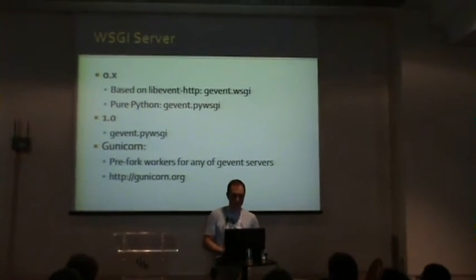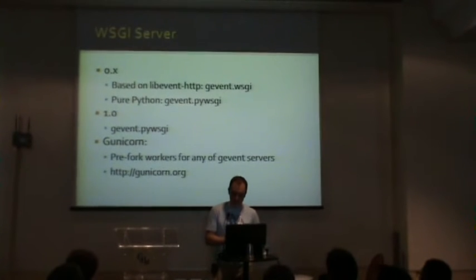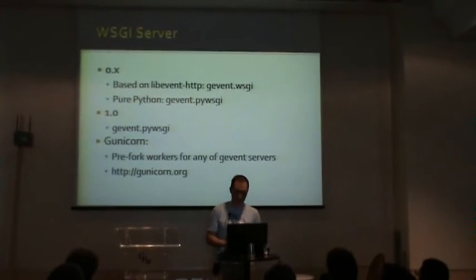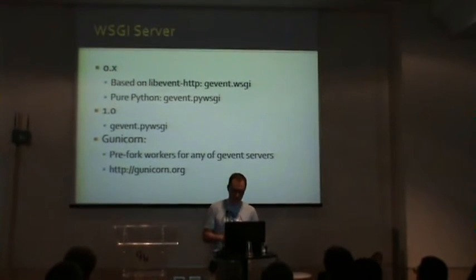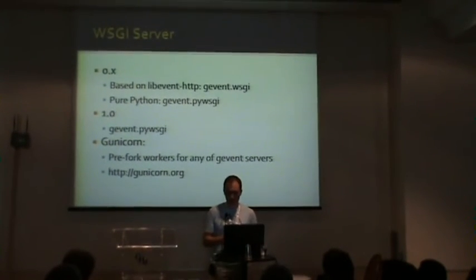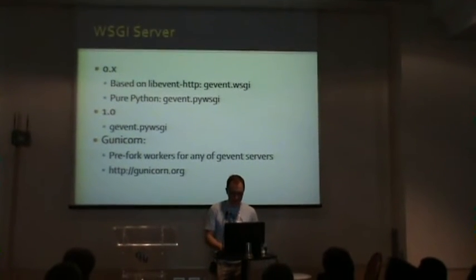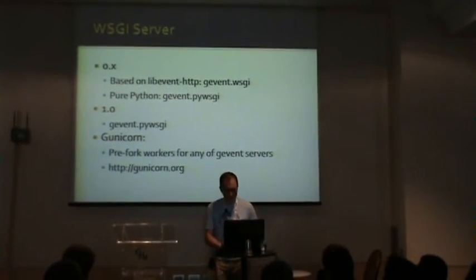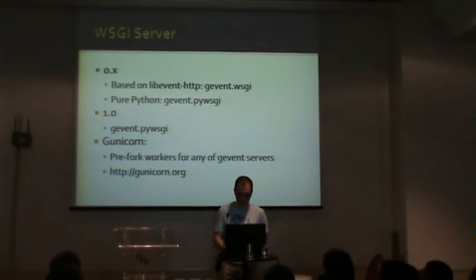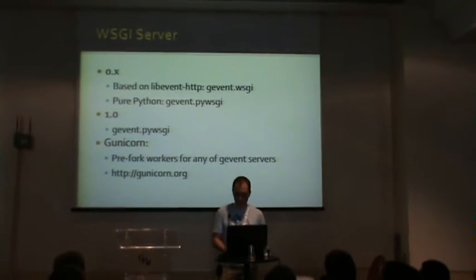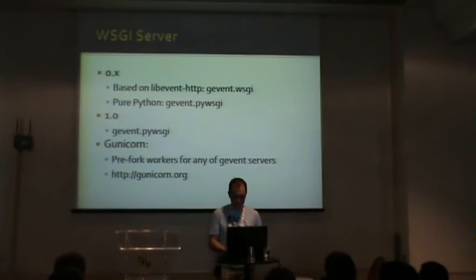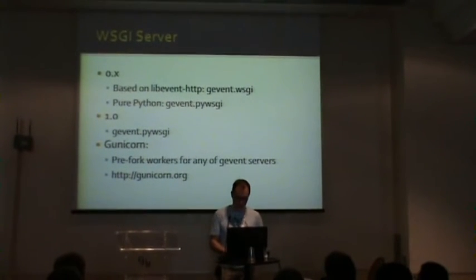We also have WSGI servers. In the 0.x version, there are two of them. One is the fast one based on libevent, and another is in pure Python that has more features. One of the features that's missing from the libevent one is keep-alive. So in the 1.0 version, we kind of lack this fast server because we don't use libevent, and maybe we won't at all.